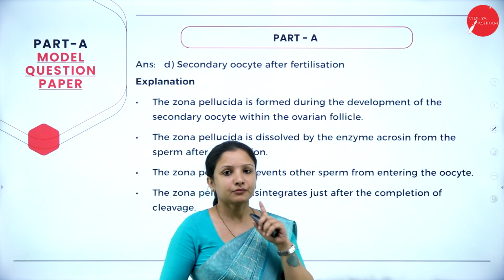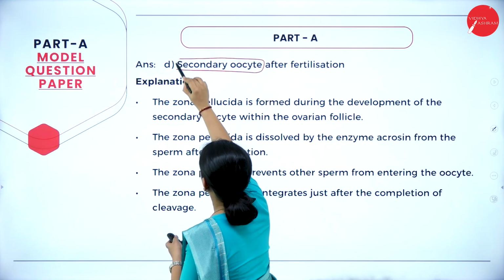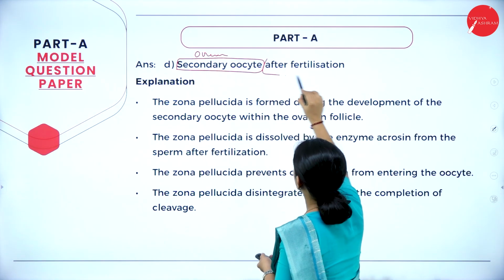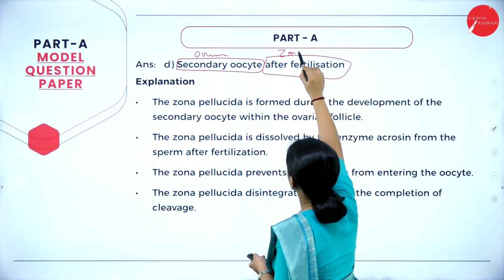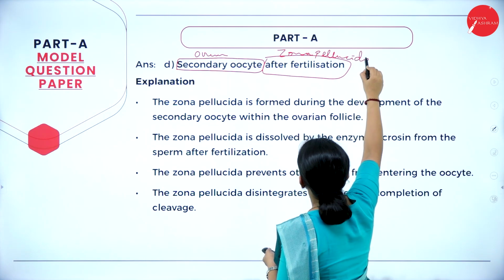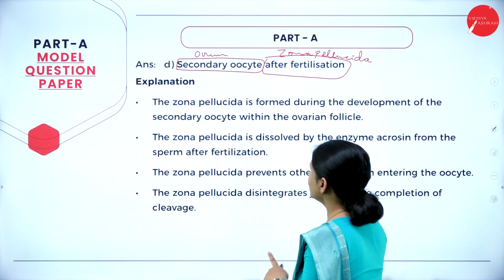So, therefore, ovum is formed by secondary oocyte and zona pellucida gets dissolved after fertilization. So, how we look into the explanation. First, we'll look into what is the zona pellucida.